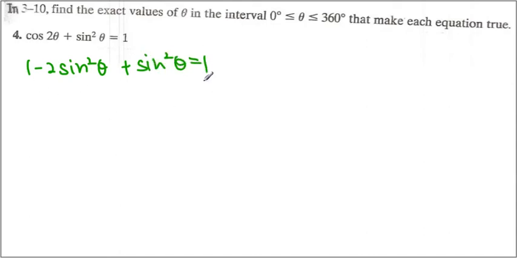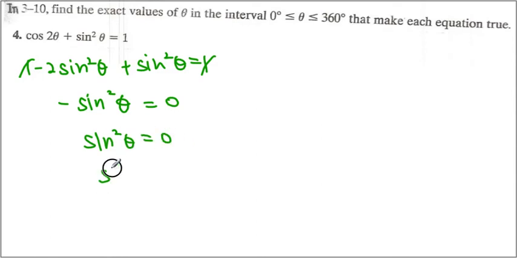You can subtract 1 from each side, then these two will cancel out, and here we end up having simply negative sine squared theta equal to 0. Then obviously sine squared theta has to be equal to 0. That makes sine theta equal to 0.